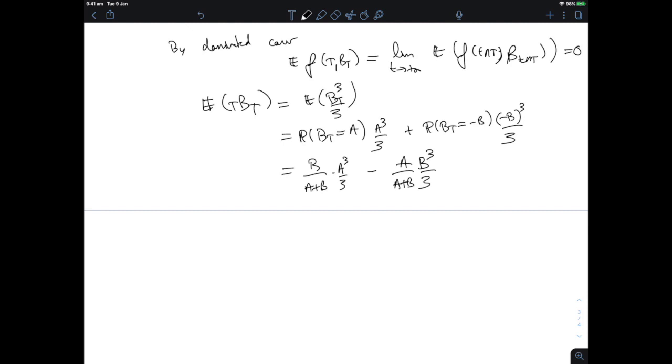So if you put all of these things together, you can factor in an ab divided by 3 times a plus b, and this is going to be multiplied by a squared minus b squared. Okay. And you could simplify that even further, because a squared minus b squared is a plus b times a minus b. So this entire thing is ab divided by 3 times a minus b.